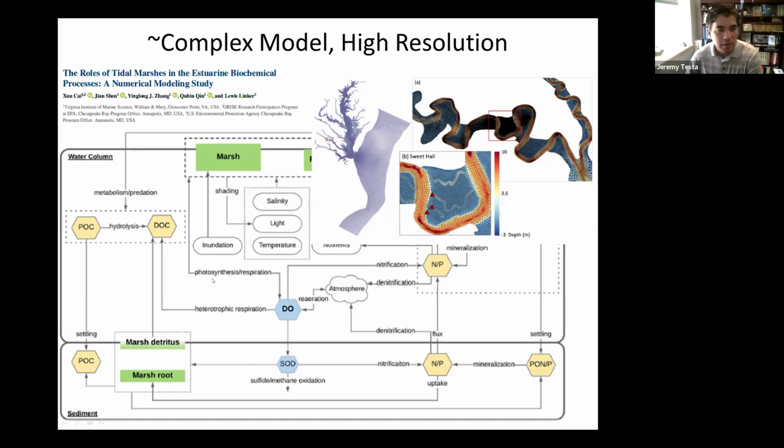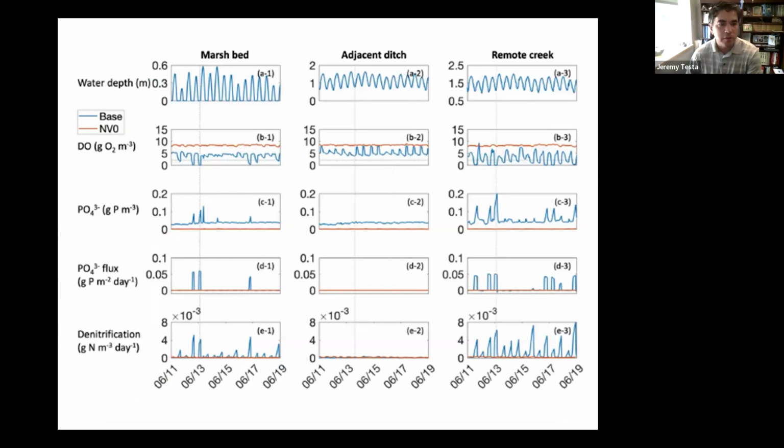And many of you may know this paper, but it implemented marsh biology and some biogeochemistry of a wetting and drying wetland into one of these 3D numerical models, and maybe more importantly, has the high resolution to actually capture the ins and outs of this marsh.